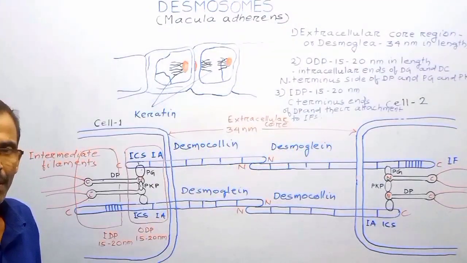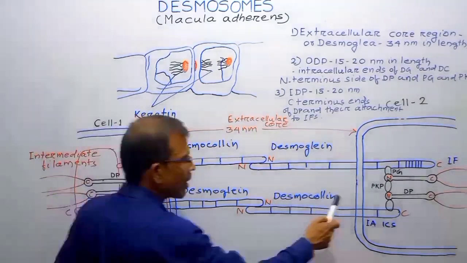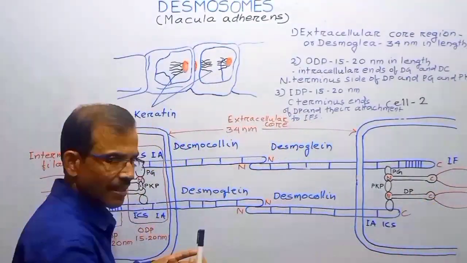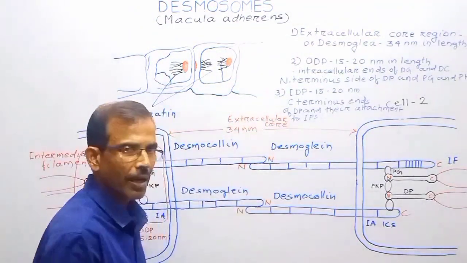So friends, in desmosomes, the intermediate filament cytoskeletal networks of adjacent cells are connected with the help of various protein components.